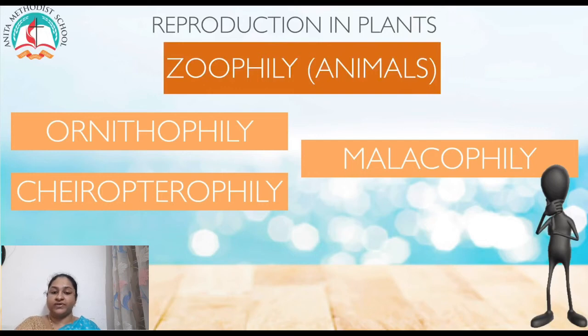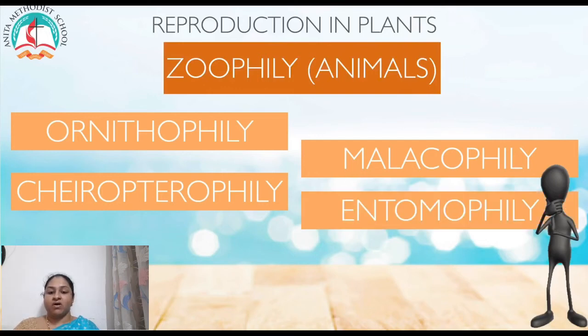Under zoophily, we have ornithophily. Ornithophily is pollination by birds. And cheiropterophily, where pollination is carried out by bats. Malacophily. Malacophily is pollination by slugs and snails.